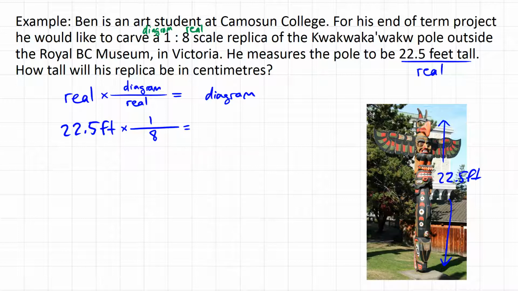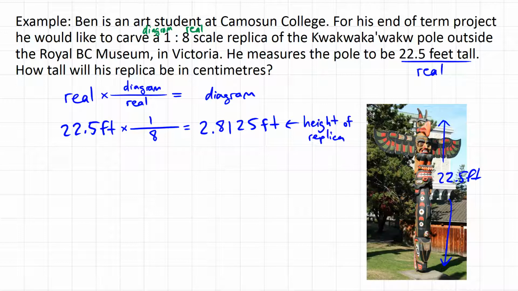So we have 22.5 times 1 over 8. That's the same as 22.5 divided by 8. I'm going to do that in my calculator, and I get 2.8125 feet. This is the height of the replica.